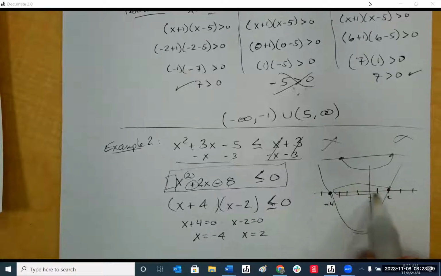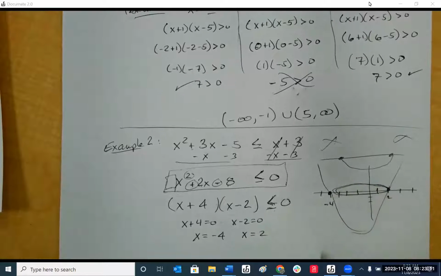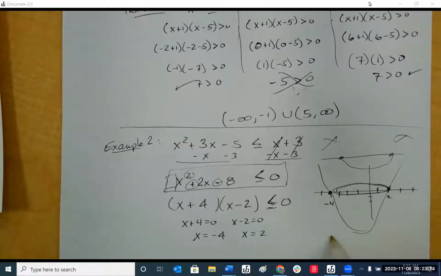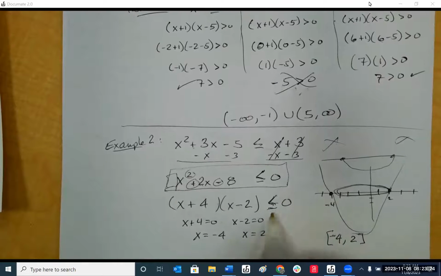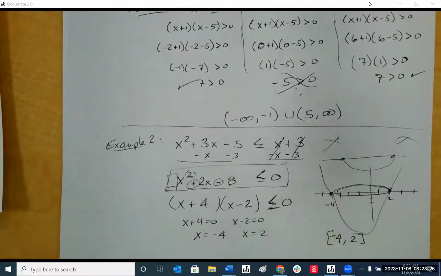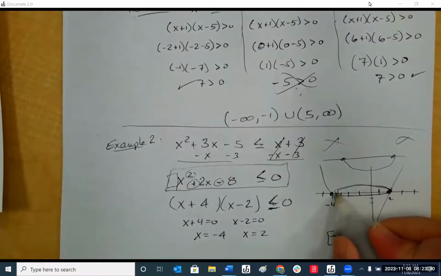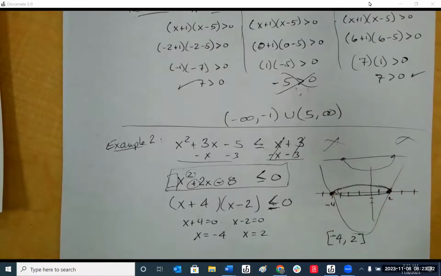So the only place that happens is in this interval here. So your answer is from negative 4 to 2. And since it's an equal sign, we have to put brackets there, because we can include the endpoints.